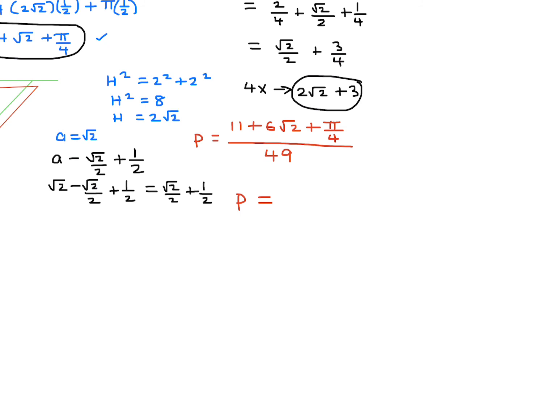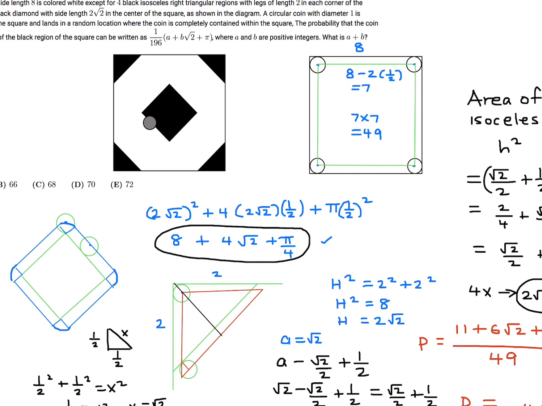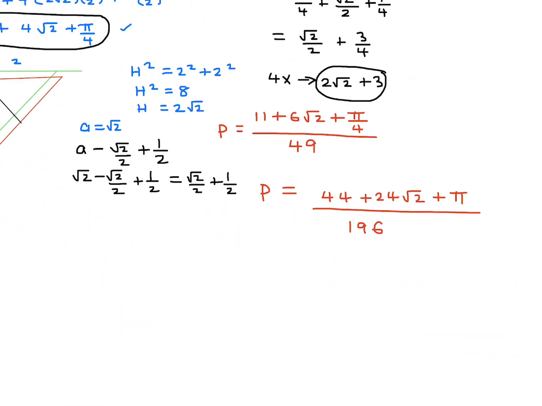I think we can multiply top and bottom by 4, and that will help us. So this will be 44 plus 24 root 2 plus pi, and that will make this 196. And I think that's it to get it in that form. 1 over 196 plus a plus b root 2 plus pi.